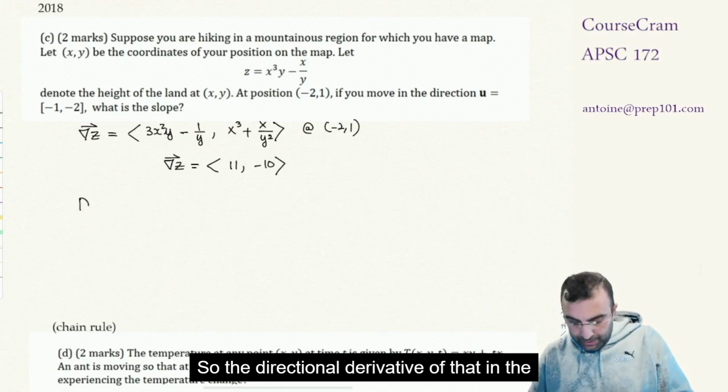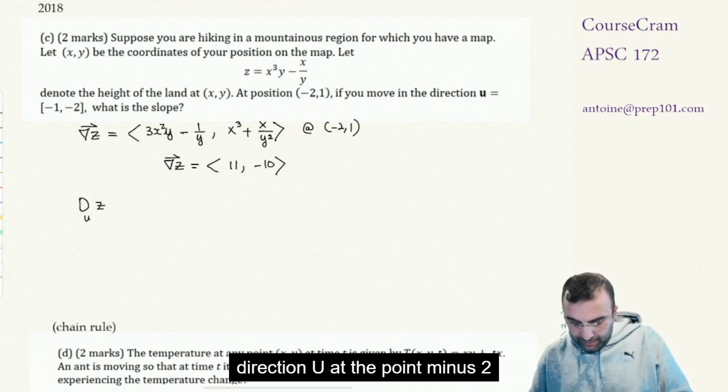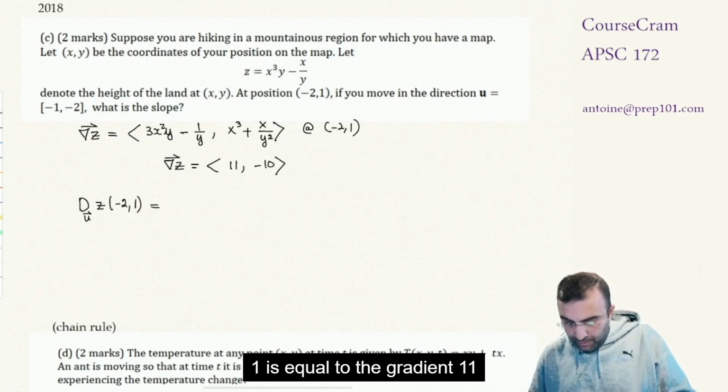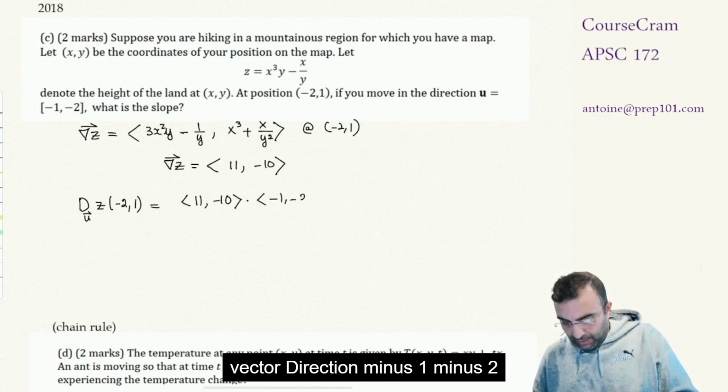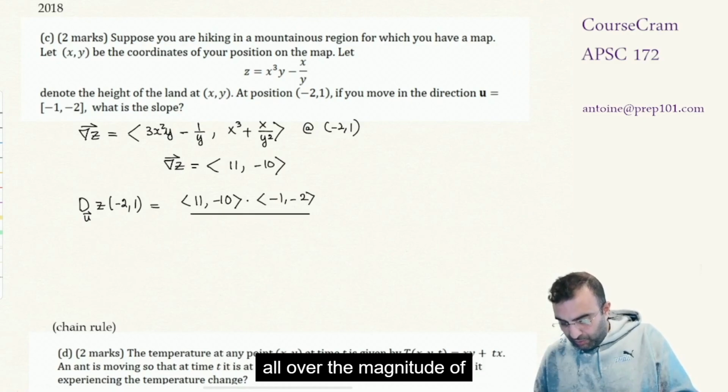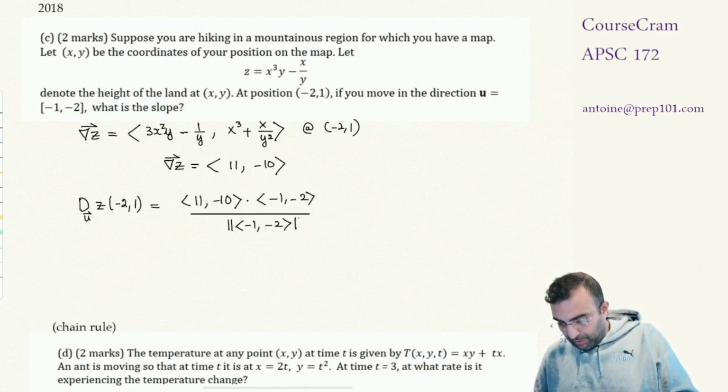So the directional derivative of z in the direction u at the point (-2, 1) is equal to the gradient (11, -10) dot the vector direction (-1, -2) all over the magnitude of the vector (-1, -2).